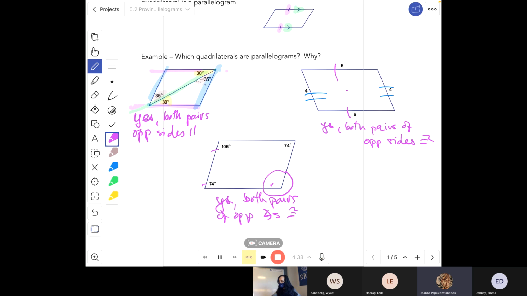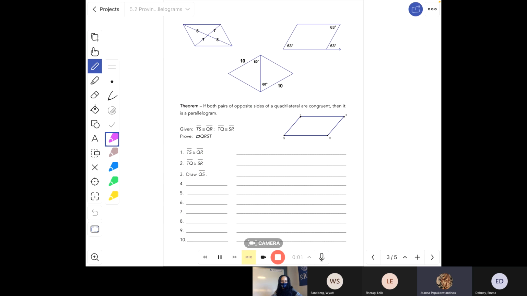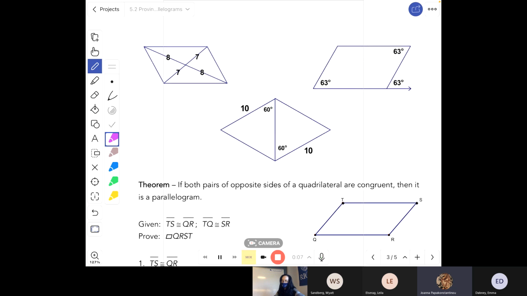Yep. Okay, let's try more examples. Looking at this example, upper left-hand corner, is it a parallelogram? And if so, how do you know?